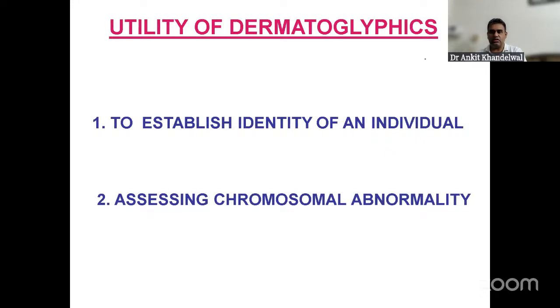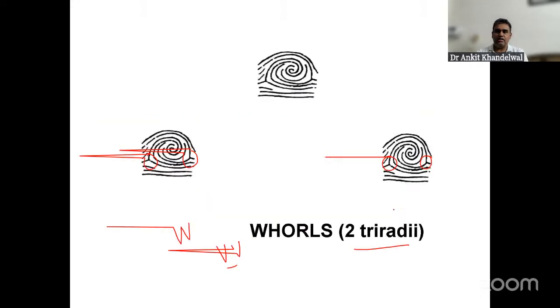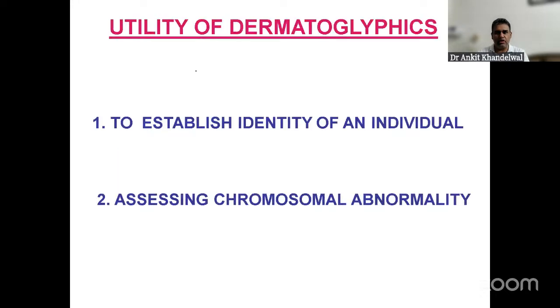So remember arches, loops, and whorls. Arches don't have any. Loops have one. So ALW, remember 0, 1, 2, the number of triradii. ALW, make any mnemonic of it if you wish. Make your personalized mnemonics.